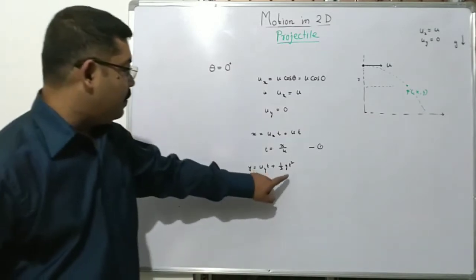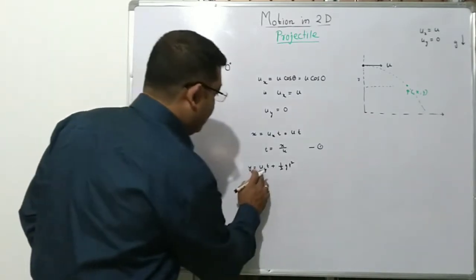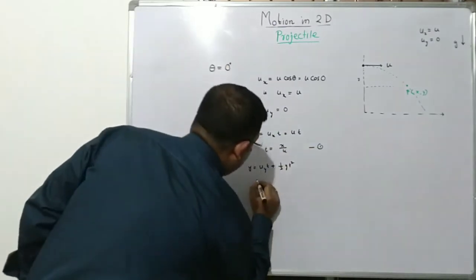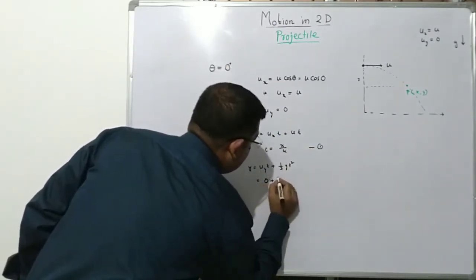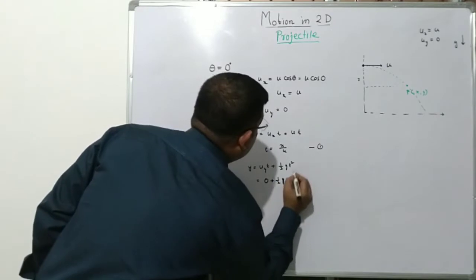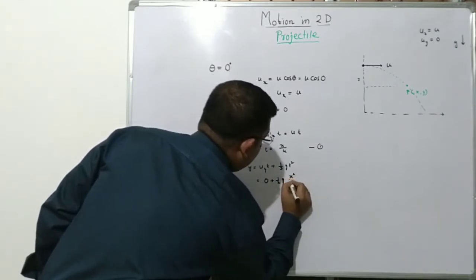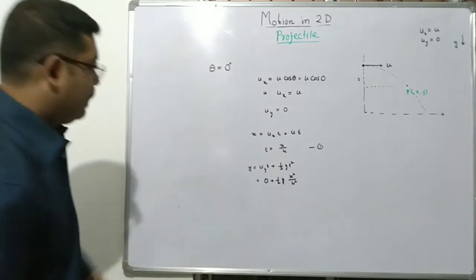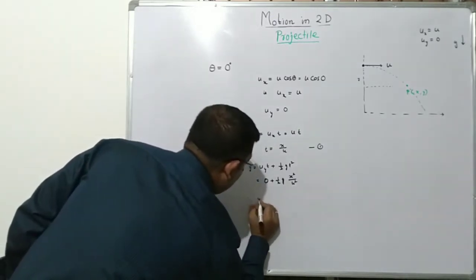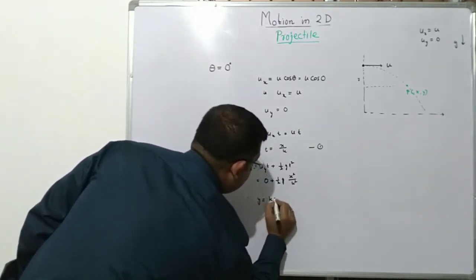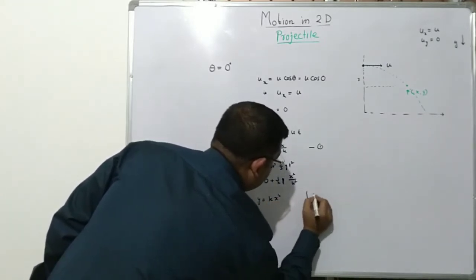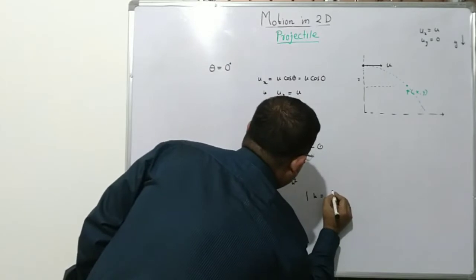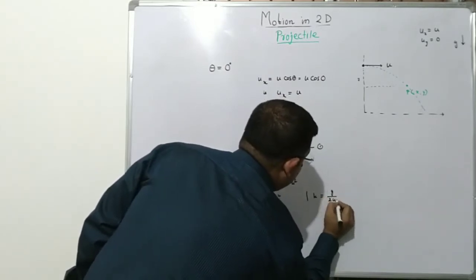If we substitute the value of t here and the value of u from equation number 1, we get y equals 0 plus half g x squared by u squared. So we have y equal to some constant into x squared, where the constant k equals g by 2u squared.